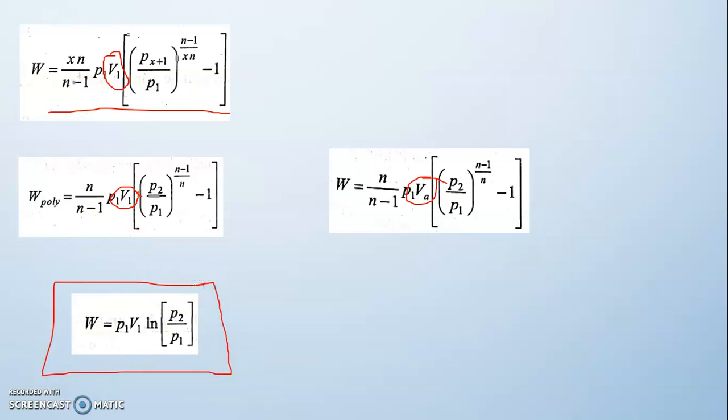Sometimes we have to calculate the isothermal efficiency of the compressor, which is given by isothermal work done divided by actual work done. So we have to go through all 4 formulas, and in addition we have to remember our free air delivered formula. That is, we will be comparing the amount of air at the intake condition and at atmospheric condition. In some cases, we have to use that.